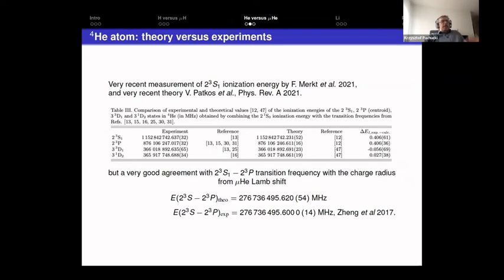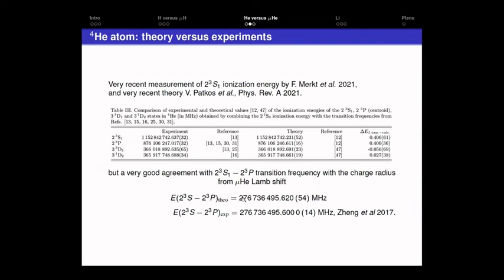The reason is the following. In the same approach, we have also calculated the absolute energy of 2 triplet S and 2 triplet P, which is in this middle column here. And we observe a discrepancy with experimental values. This discrepancy is of the same order, 0.4 megahertz.